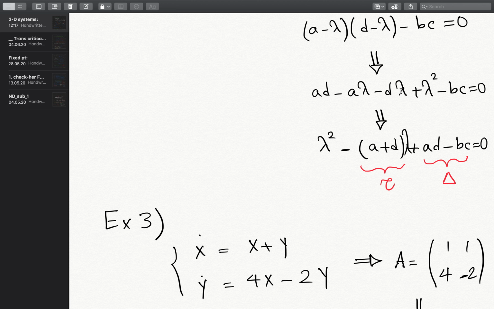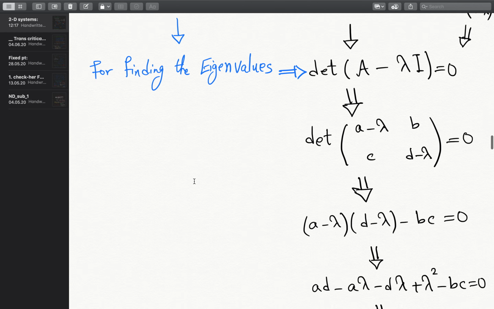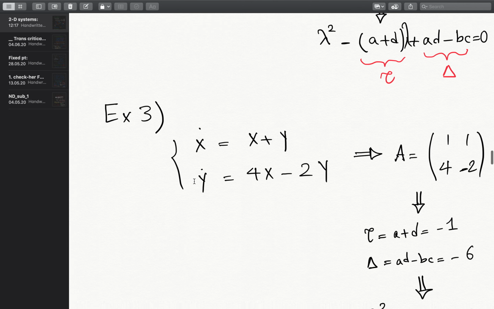That's all. But the lambda is the eigenvalue, and here, for instance, you have a vector like x, right? So if you find the lambdas, the eigenvalues, you can find the corresponding eigenvectors as well. But we don't work with that.